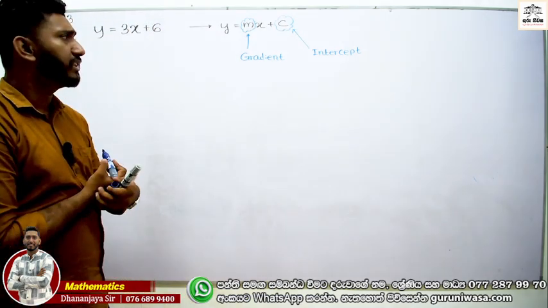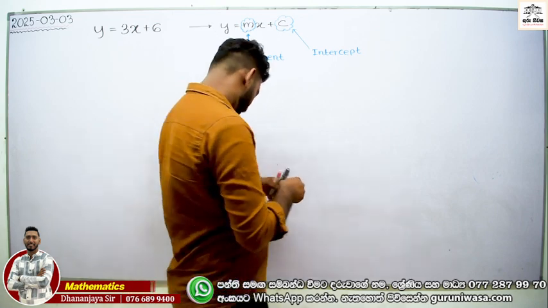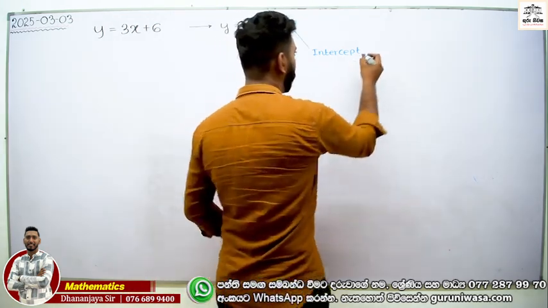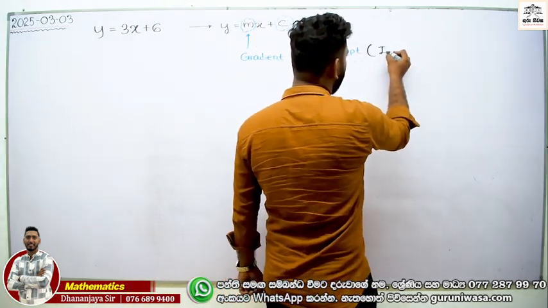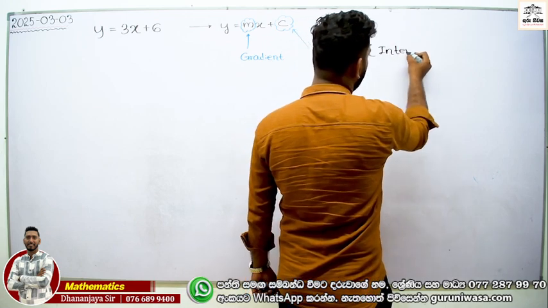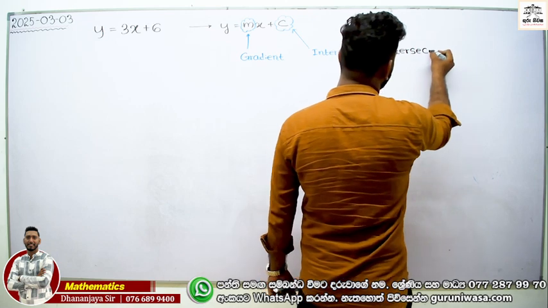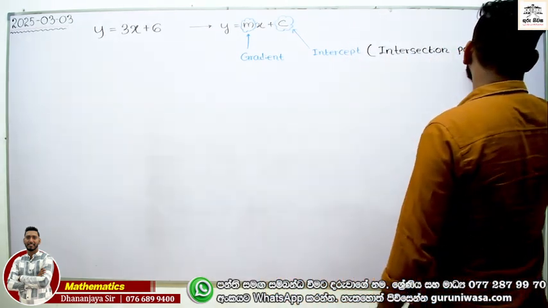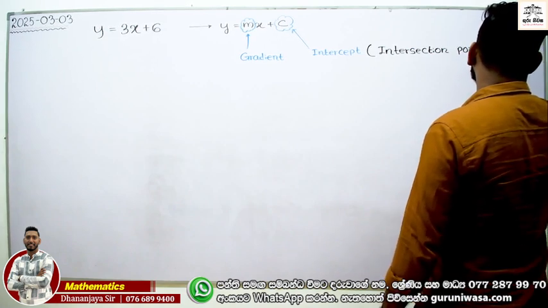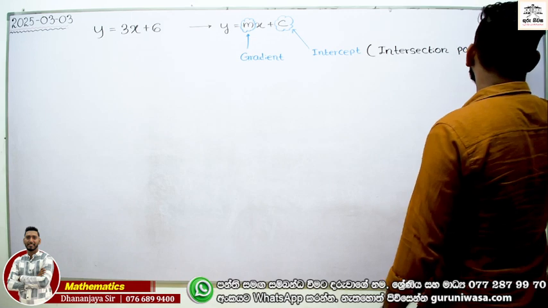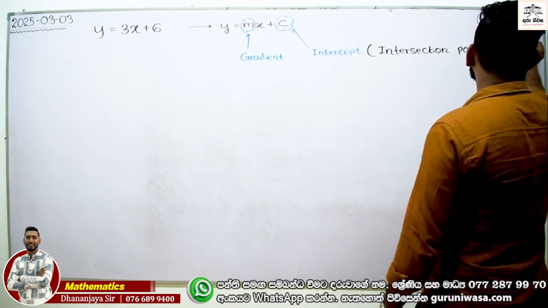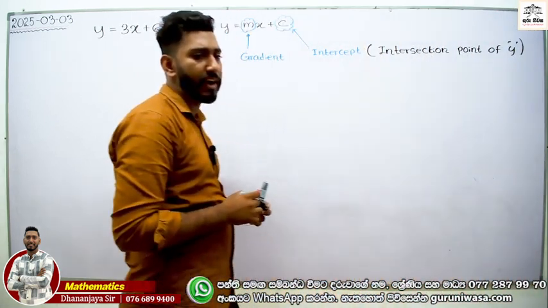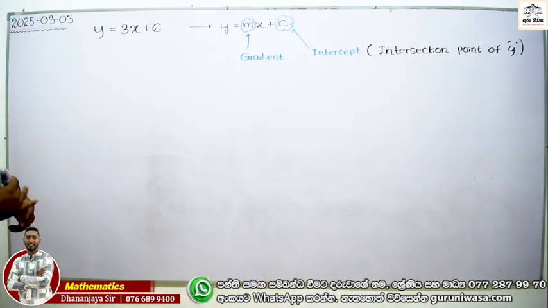And how to find the intercept? We can identify the intercept easily because it is the intersection point of the y-axis. That one is denoted by the intercept.